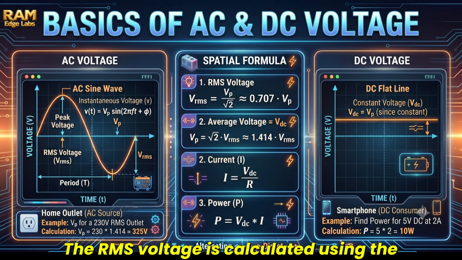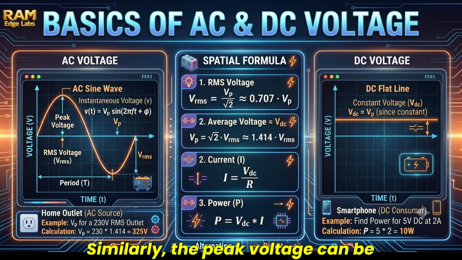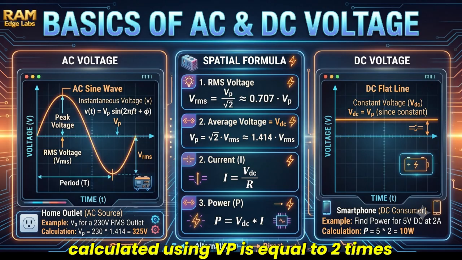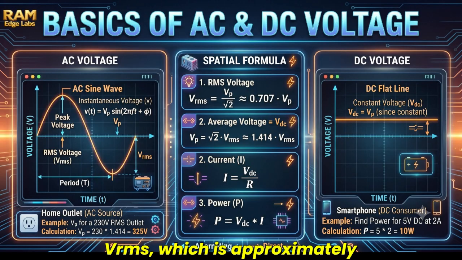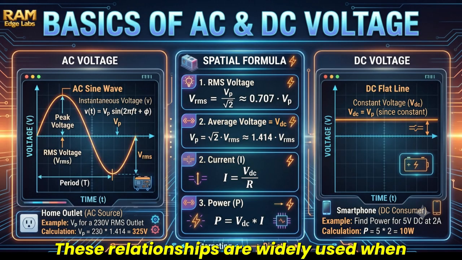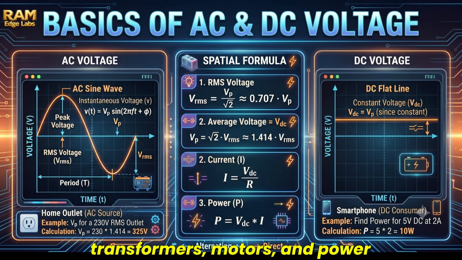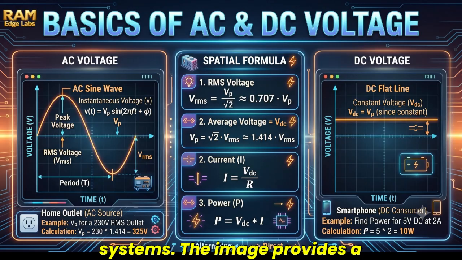The RMS voltage is calculated using the formula Vrms is equal to Vp divided by √2, which is approximately 0.707 times Vp. Similarly, the peak voltage can be calculated using Vp is equal to √2 times Vrms, which is approximately 1.414 times Vrms. These relationships are widely used when designing electrical equipment, transformers, motors, and power systems.